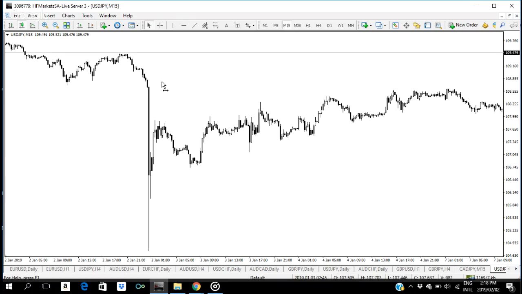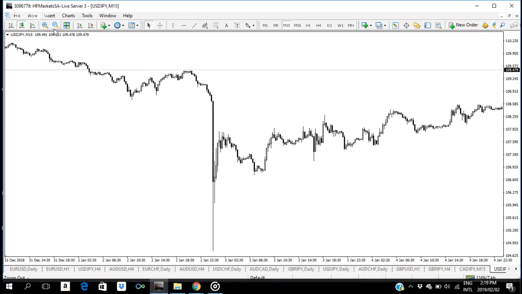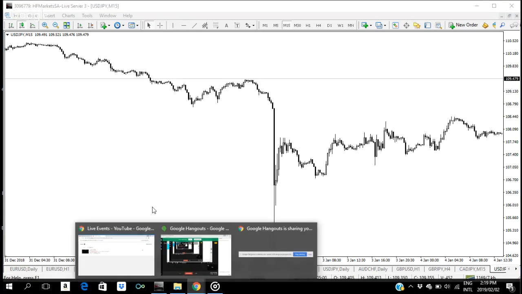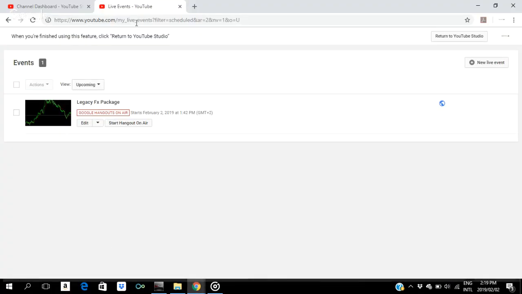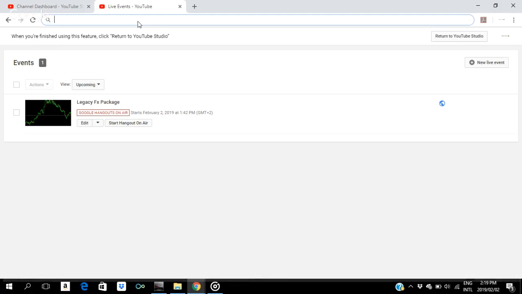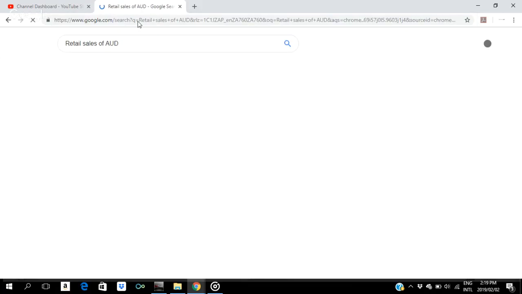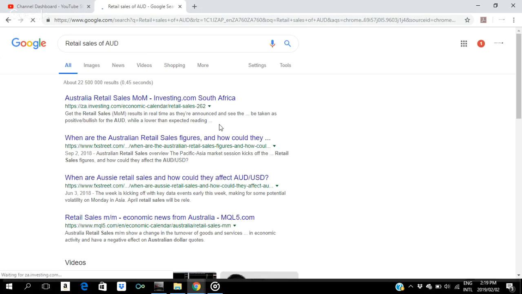So yes, guys, news events, for those that don't know, are those market indicators released each and every month, and they show what is happening within the economy of each and every country. Let's say, for instance, let me just Google here, Australian retail sales on investing.com.